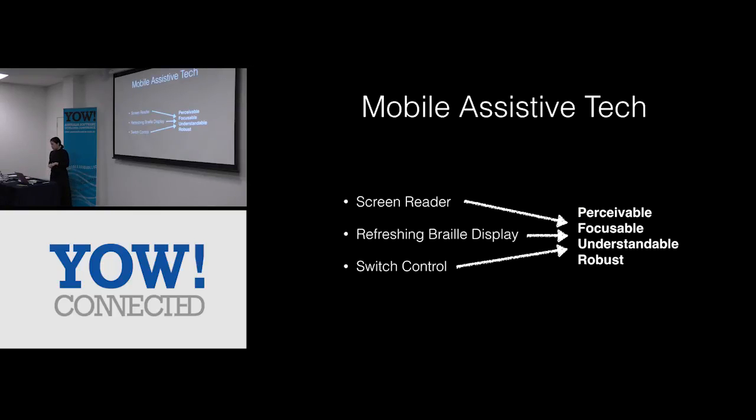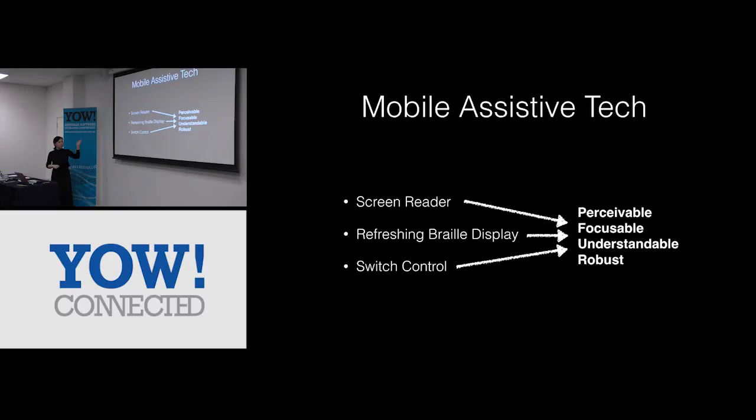So before I move on to the coding, let's talk a little bit about what mobile assistive technology actually looks like. Android and iPhone both come with built-in screen readers and compatibility with refreshable braille displays and switch controls.